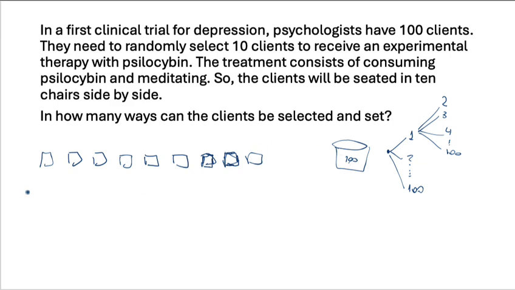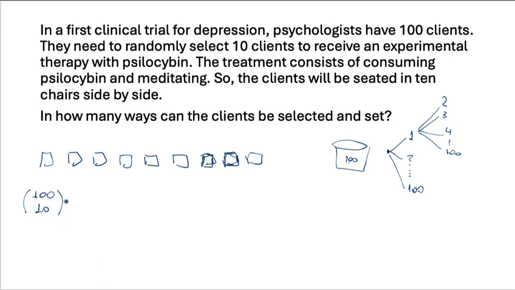So what I want at first is 100 choose 10. So this is the number of different combinations of 10 people that I can make within 100 individuals, right?